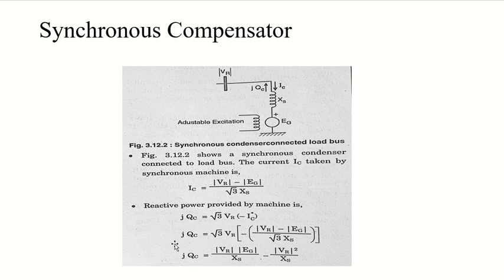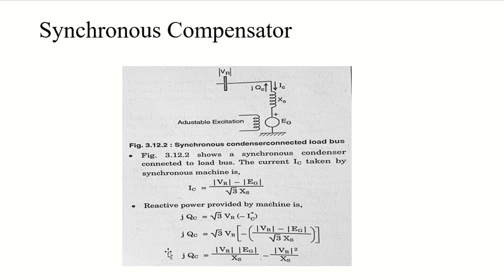But in the case of under excitation, your induced EMF EG will be less than VR, and then this multiplication will be less than this term, right? In such a case, the value of QC becomes negative, and the compensator will absorb var during the light load condition.